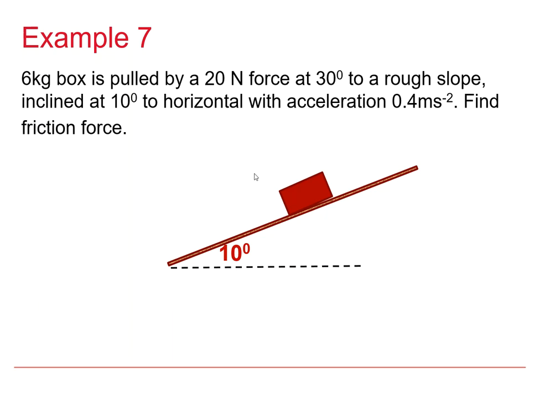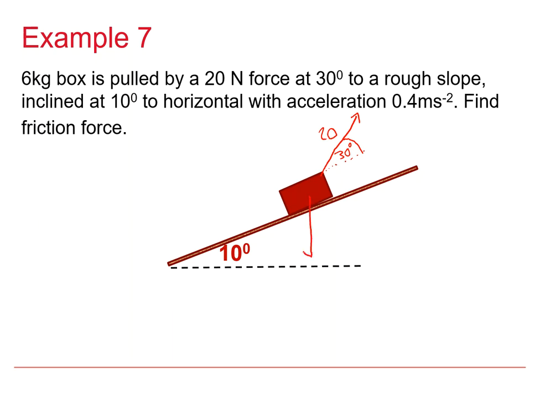Okay, so we're going to need to add a couple of things to this diagram to begin with. So firstly, we've got a 20 newton force at 30 degrees to the slope. So let's put that on, and that is 30 degrees to the slope, like that. And that's a 20 newton force. And the other thing that we have, of course, is the weight.